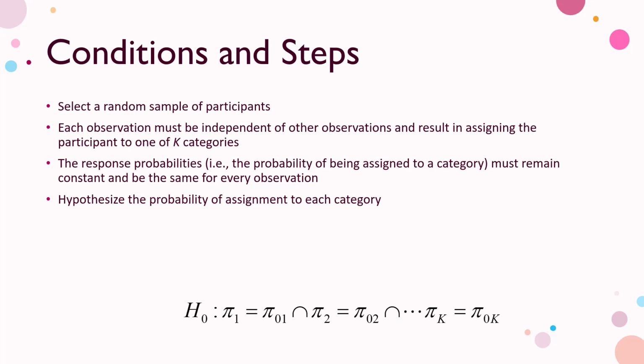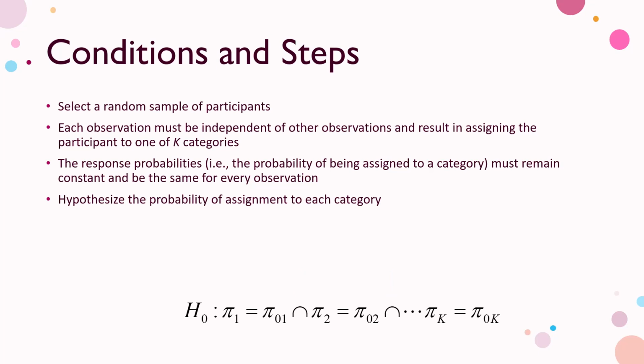The symbol between these different categories is the intersection symbol, meaning that all of these have to occur at the same time.